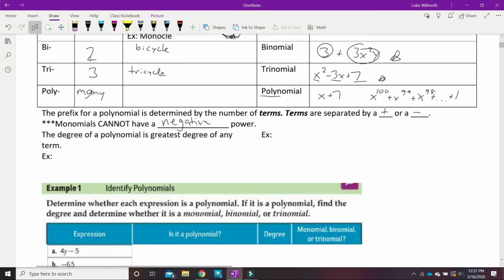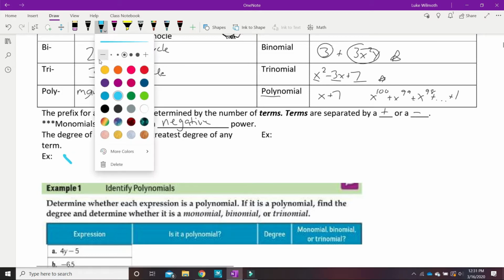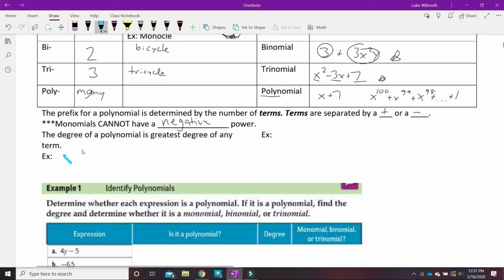Okay, so an example. It says the degree of a polynomial is the greatest degree of any of its terms. So let's say here we have x cubed minus x to the 5th plus 7.